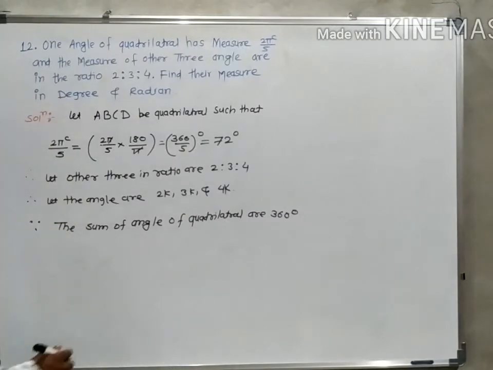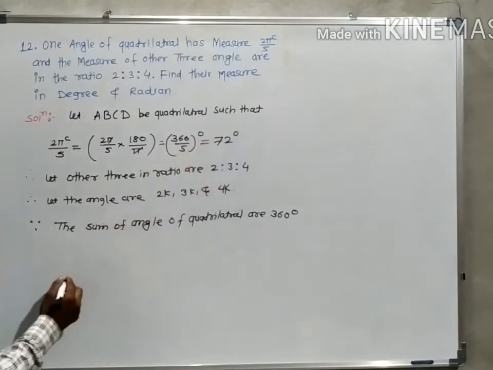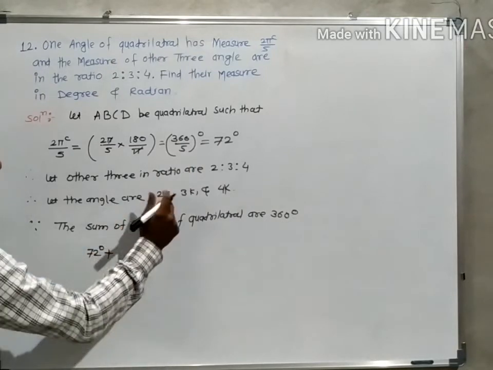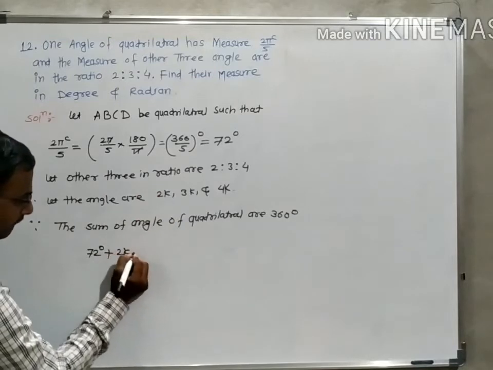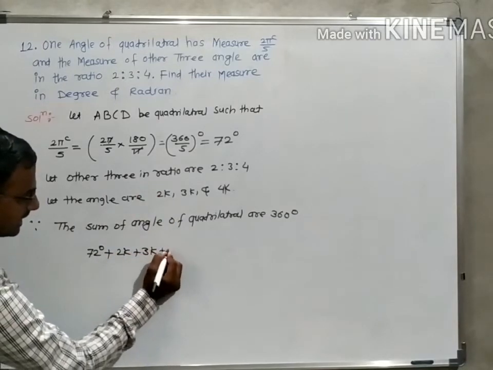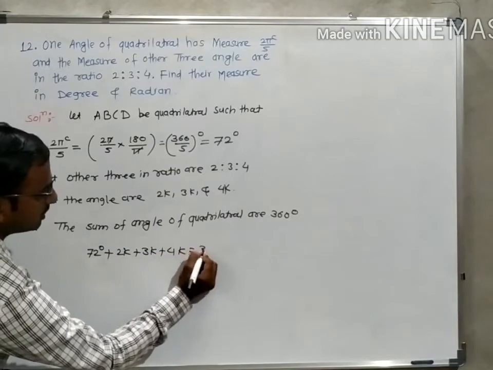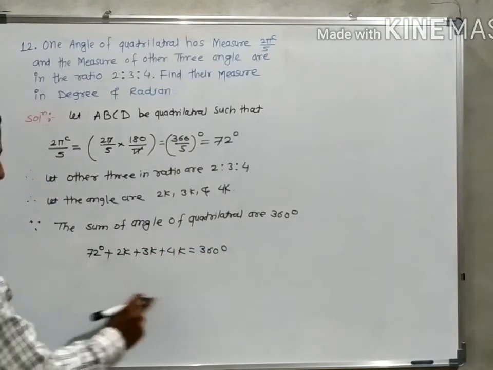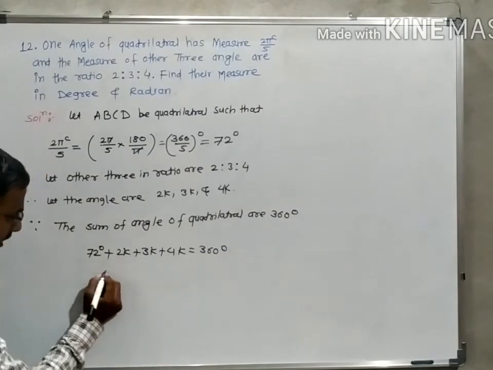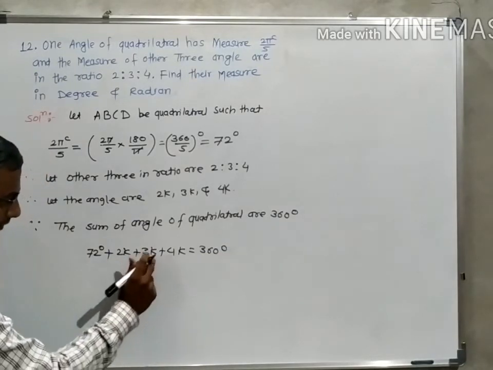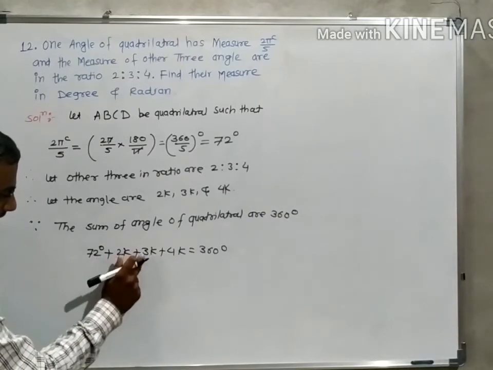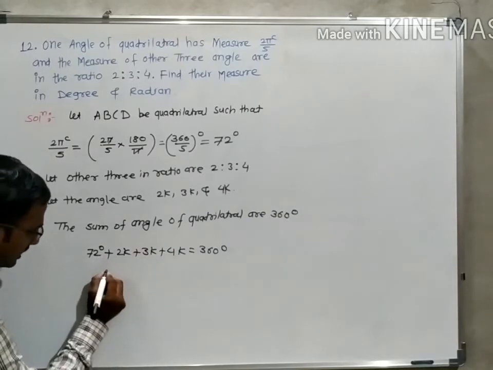So this angle is 72 degrees. The angle 72 degrees plus the other three angles, 2k plus 3k plus 4k, is equal to 360 degrees. Transferring 72 to the right-hand side, 2k plus 3k is 5k, plus 4k is 9k.